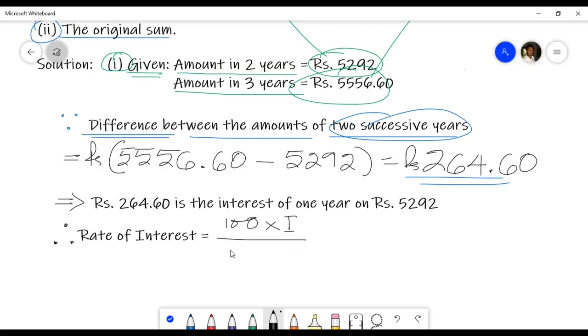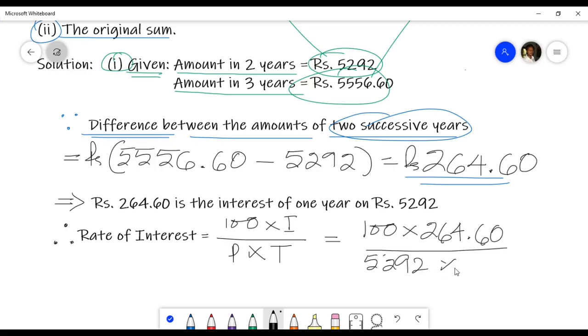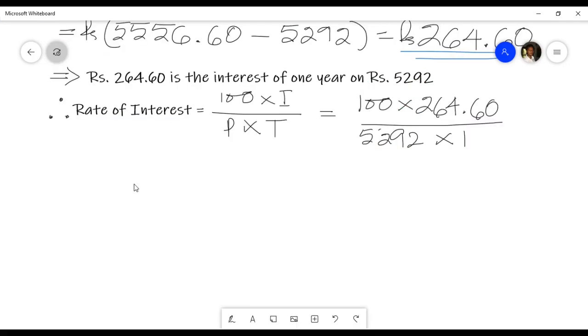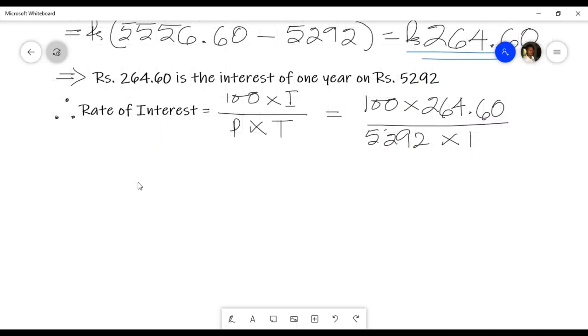We'll be using the formula to find the rate of interest, that is 100 into interest divided by principal into time. Principal here is 5,292. So we will replace the values in the formula. The interest is 264.60, principal is 5,292, and time is 1 year.